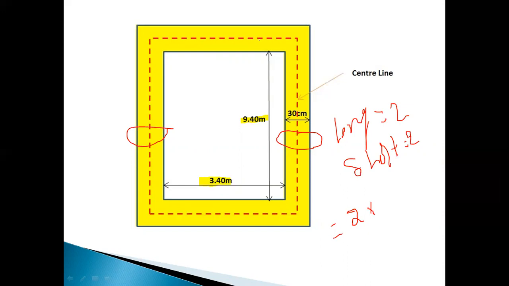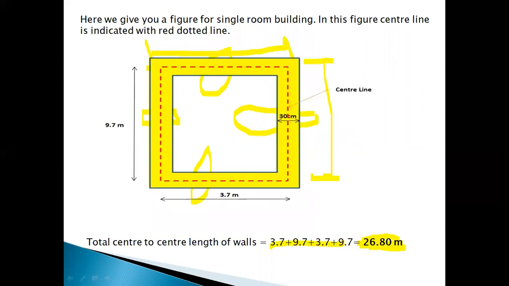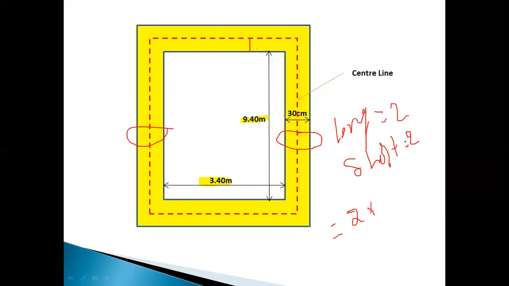Center to center means adding 0.15 and similarly 0.15, so 0.3 plus 9.4 equals 9.7. Multiply 9.7 into 2, that is 19.4.